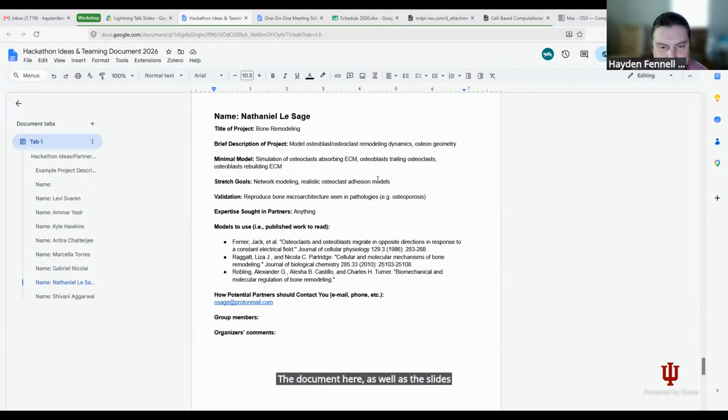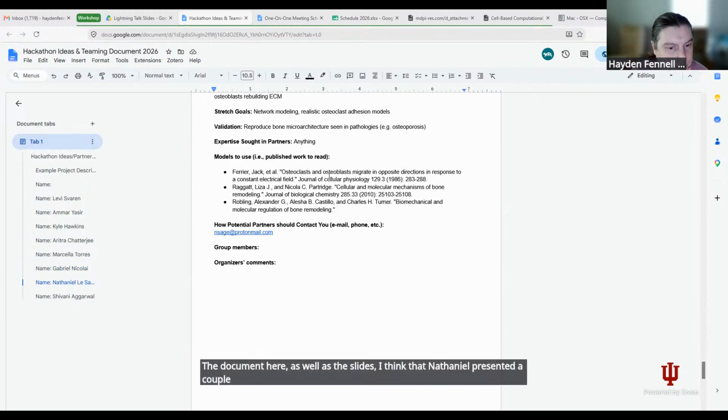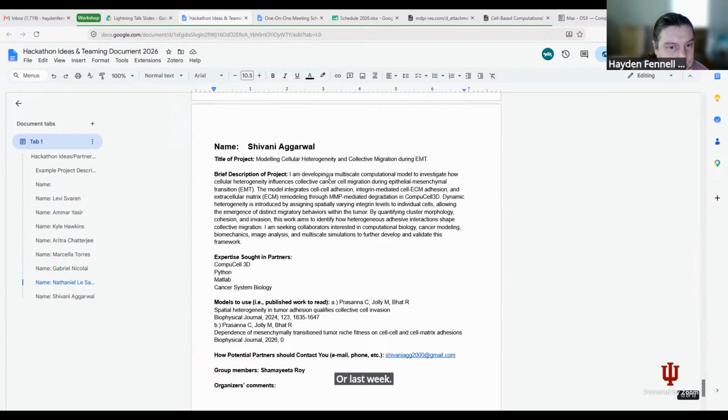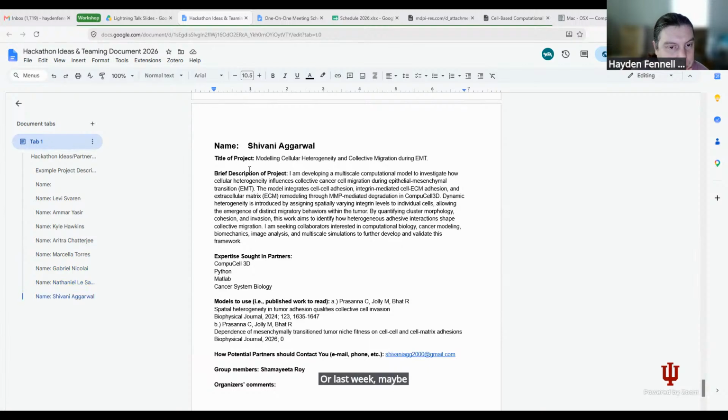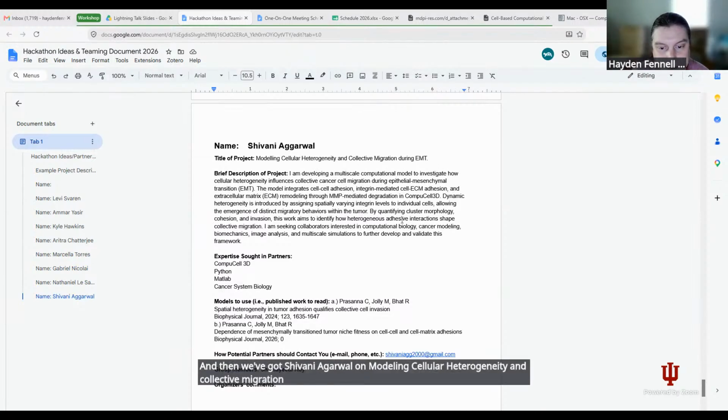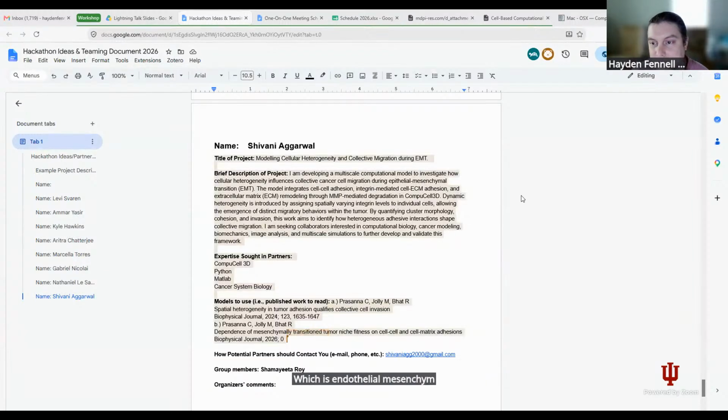I think that Nathaniel presented a couple days ago, or last week maybe. And then we've got Shivani Agarwal on modeling cellular heterogeneity and collective migration during EMT, which is endothelial mesenchymal transition. Julio talked about a little bit earlier this week.